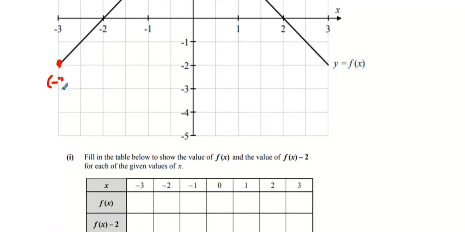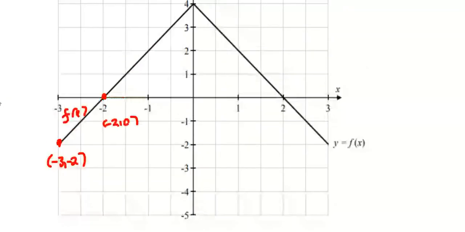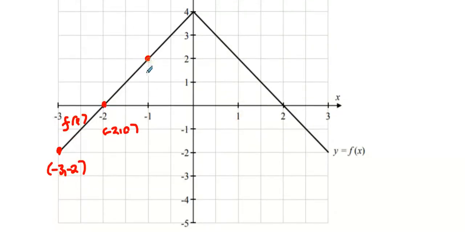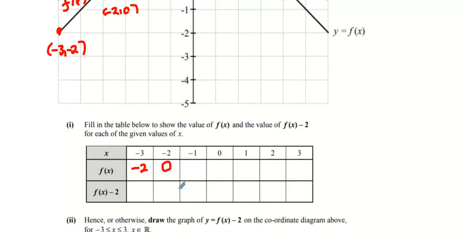This is minus 3, minus 2. So an input of minus 3 results in an output of minus 2, because this line is the graph f of x. Minus 2, 0. So minus 2 and 0. The next one is 1 and 2, and then 2 and 4.